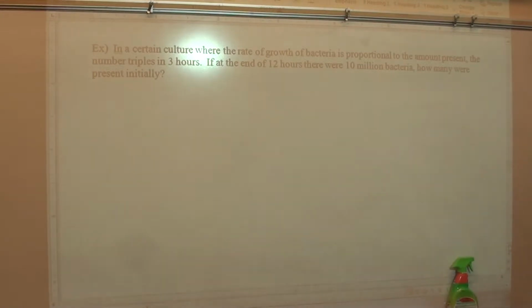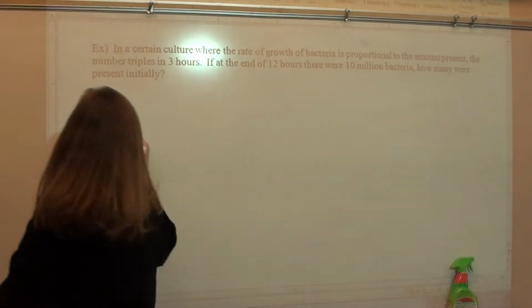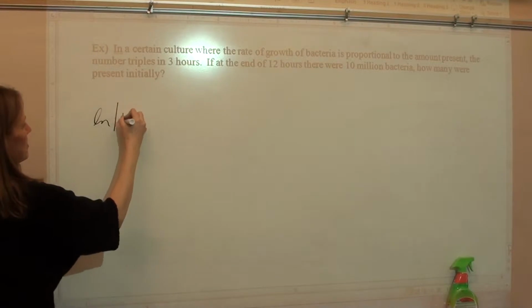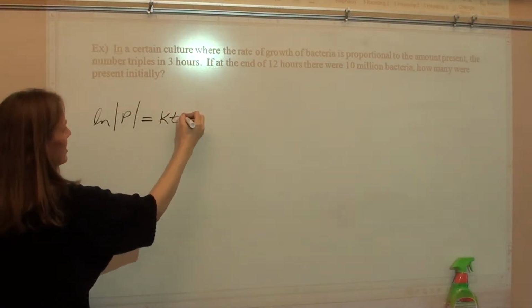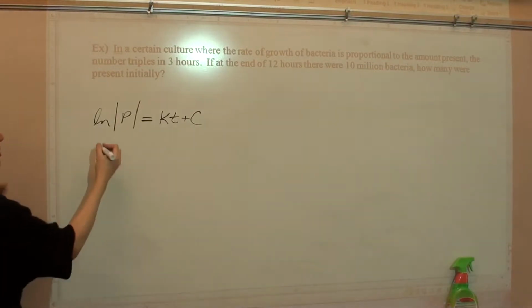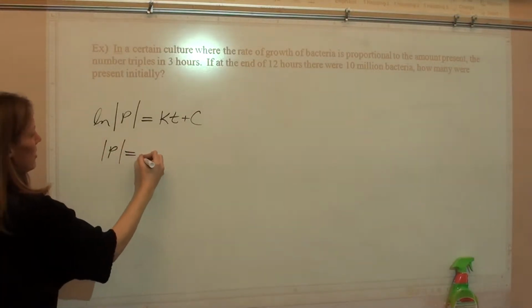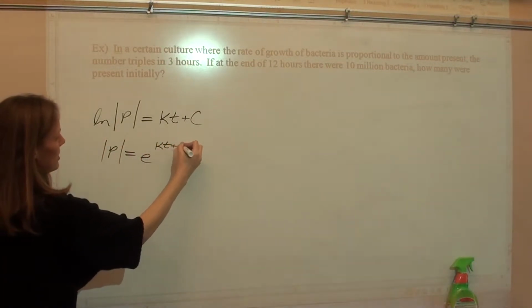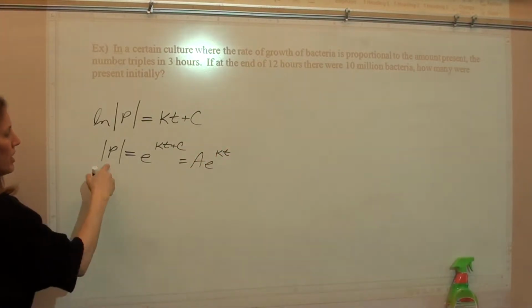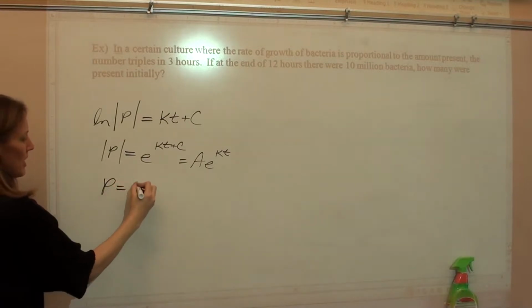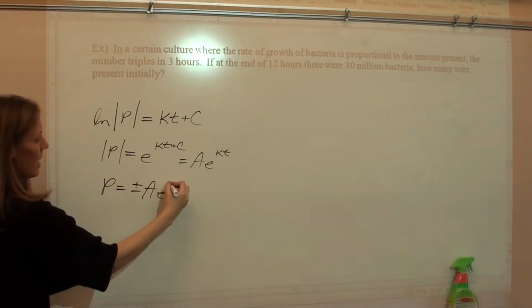If I had, say, ln |p|, and say I have an absolute value, right? So ln |p| equals kt plus c. So we have |p| equals e to the kt plus c, which equals a e to the kt, right? When I drop the absolute value, that's the same as putting a plus or minus on the other side.